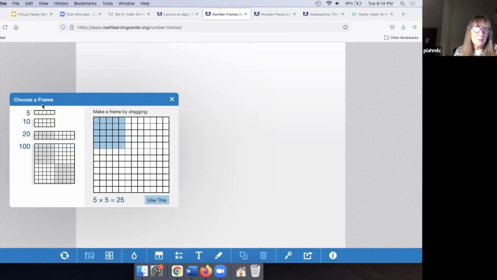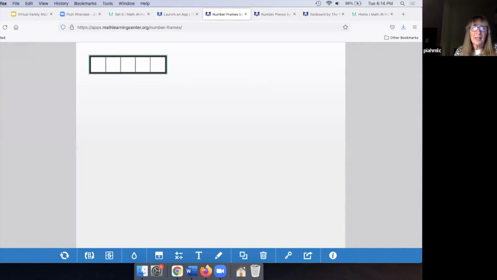If I'm working with a kindergartner, I might choose the 5 frame and I can build some red dots and some blue dots. And then we can talk about how many make 5. And we can write equations. And I didn't show you this, but this is awfully fun. Kids love to play hide and seek.